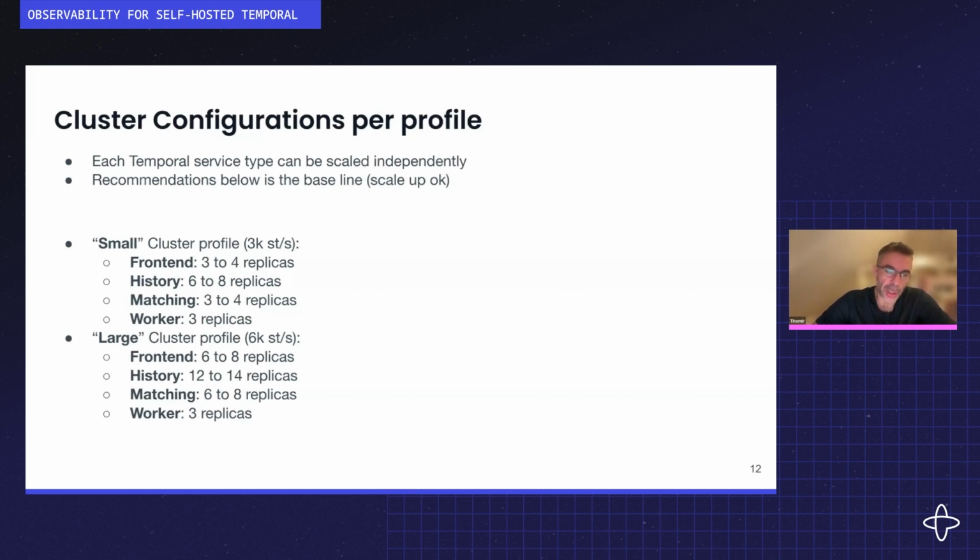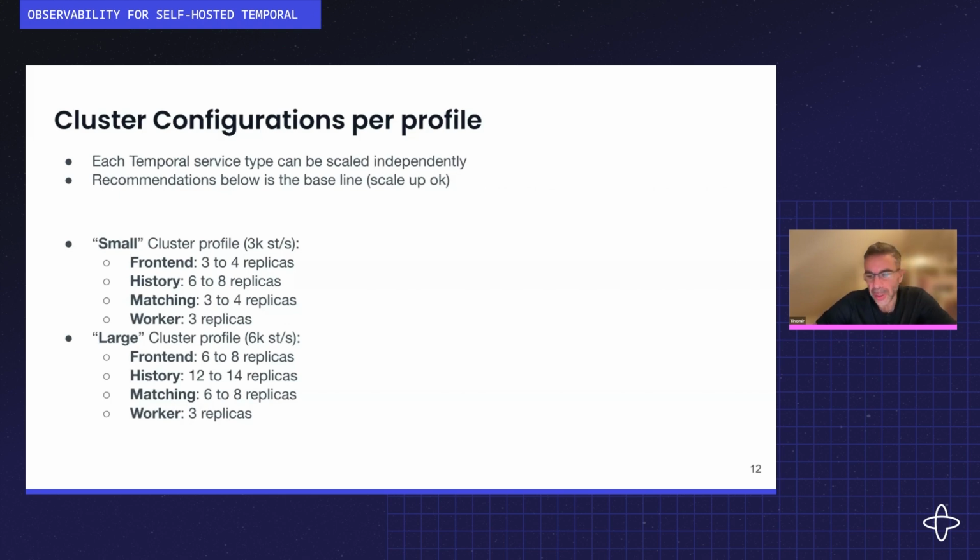For the small cluster profile, we're targeting about 3,000 state transitions per second, whereas for the large cluster profile it's double that, 6K. And you can see here how many replicas of each service type we would have as a recommendation. Now we will go through other slides and see how that relates to other things, especially the history service.